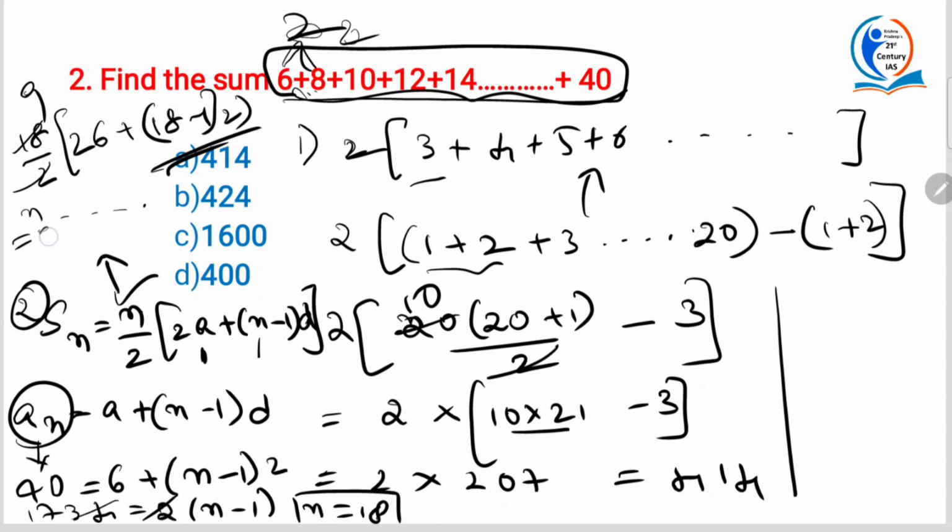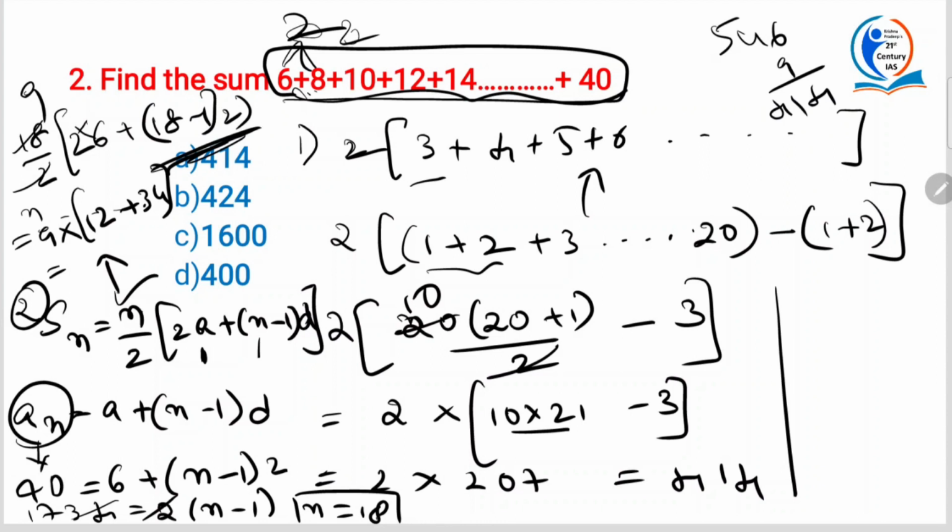So this is 9 into, this is 2 into 6, right? So it is 9 into (12 plus 17 into 2). How much is that? 34. So it is 9 into 46. 9 into 46 is how much? 9 6s are 54, 9 4s are 36, 36 plus 5 is 41. So 414 is the answer.